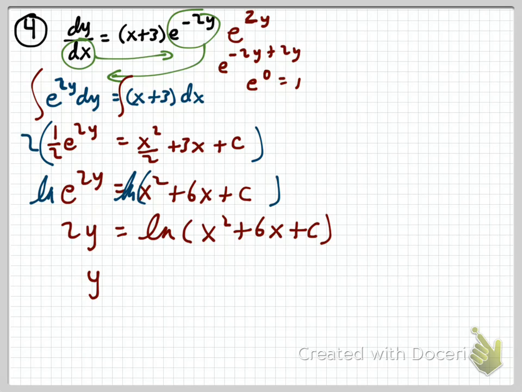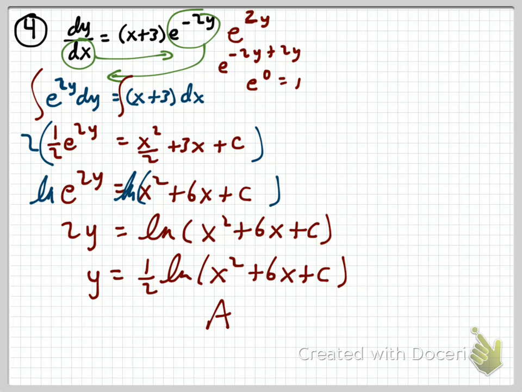Well, y equals then 1/2 times the ln of x squared plus 6x plus c, and the only one that could fit that is A. So in other words, in the example for A, c happens to be 5. Well, c could be anything, so yeah, c could be 5. So that could be an expression. And so there you go. Next.